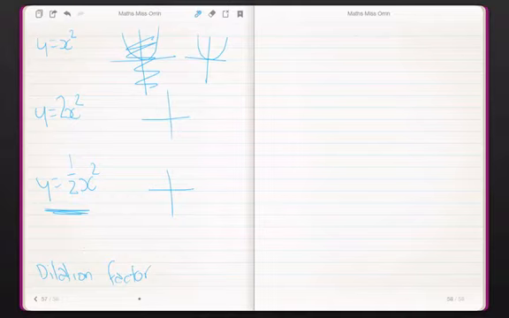That just means whether the graph is going to be a bit wider or a bit skinnier.